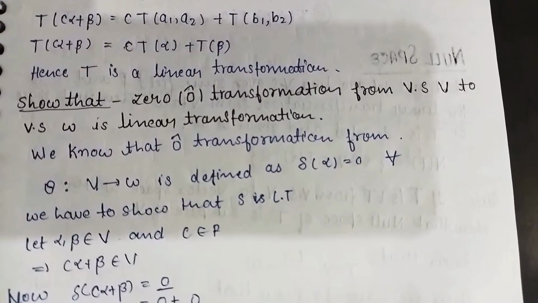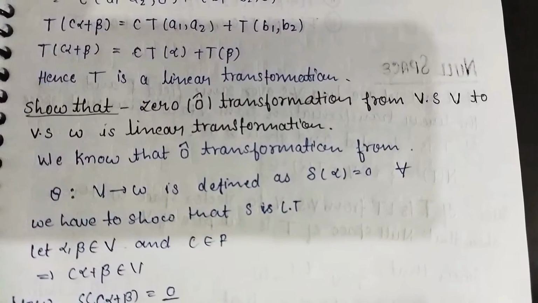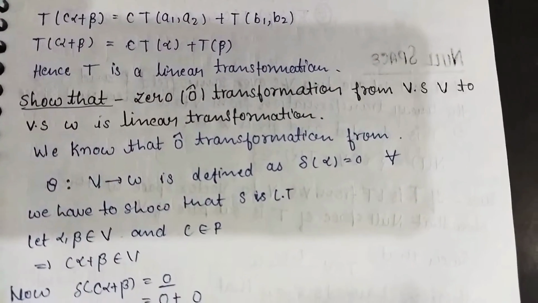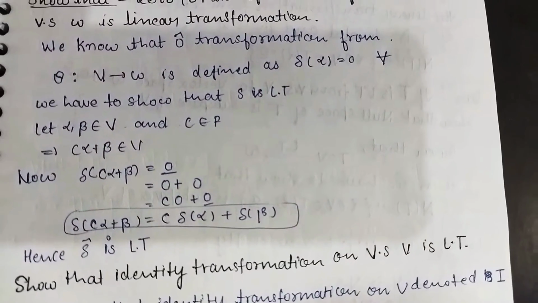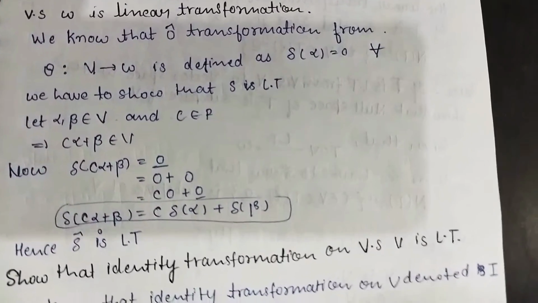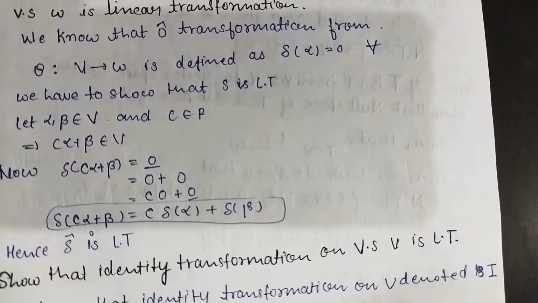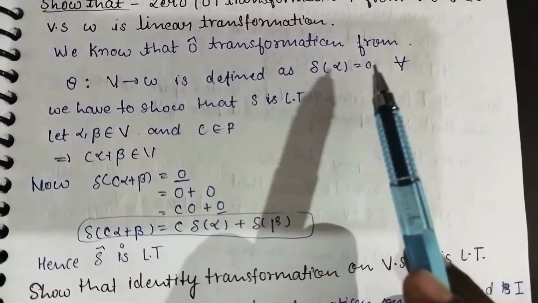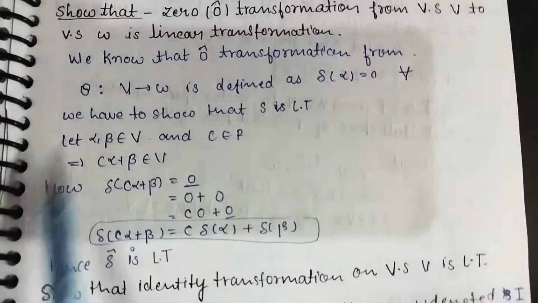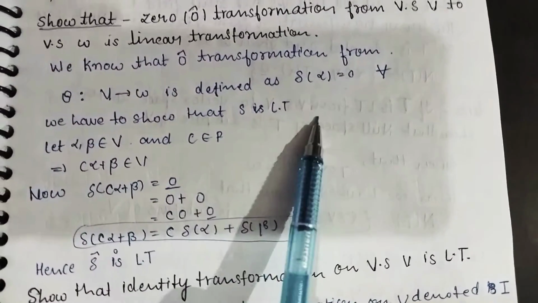Now the next one is that the zero transformation from vector space V to vector space W is a linear transformation. We know that the zero transformation θ: V → W is defined as θ(α) = 0 for all α, so we have to show that θ is a linear transformation.